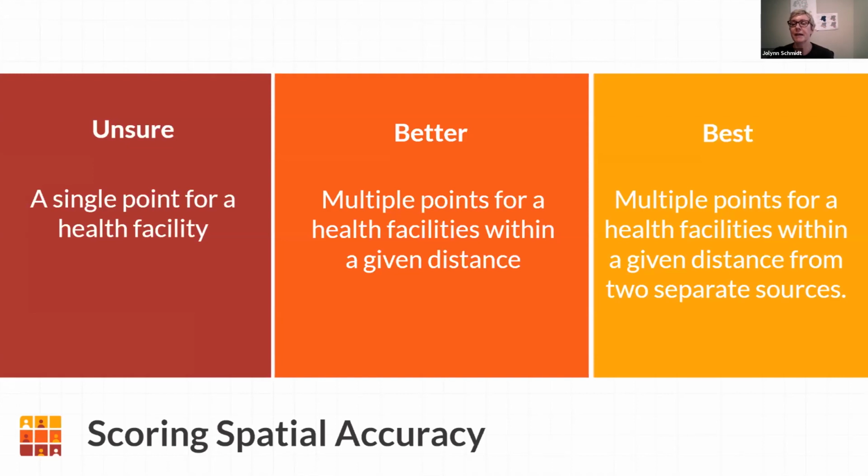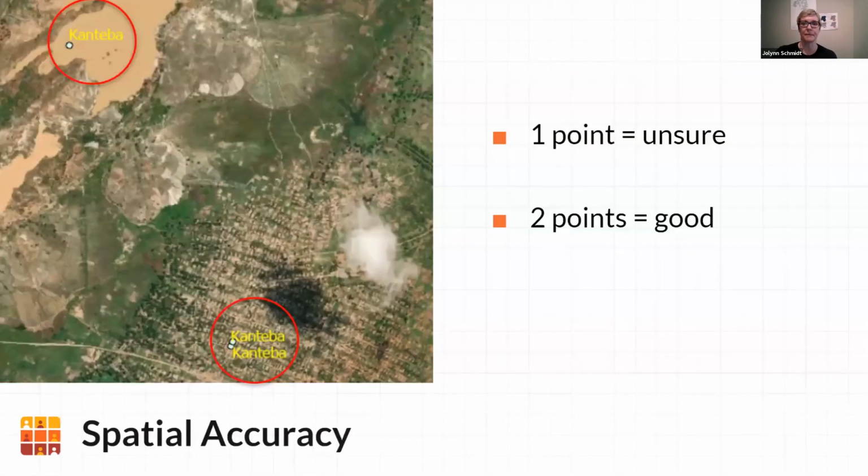But it's best if I have two independent health facilities, both giving me the location within 100 meters of a health facility point. So in this case, going back to this initial scenario, I would feel unsure about the point at the top, but feel pretty good about the 2 points down at the bottom.